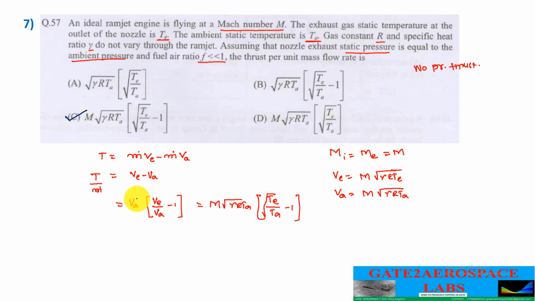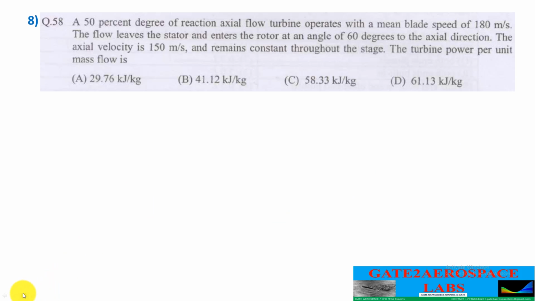Fine. Now next question. See, in this question, the degree of reaction is given. It's an axial flow turbine with the value of R given as 0.5. The mean blade speed is also given, U is 180.